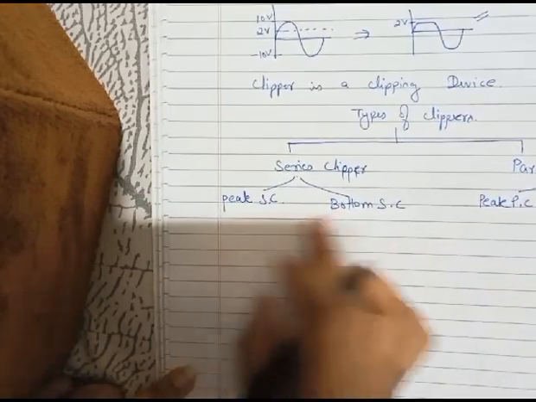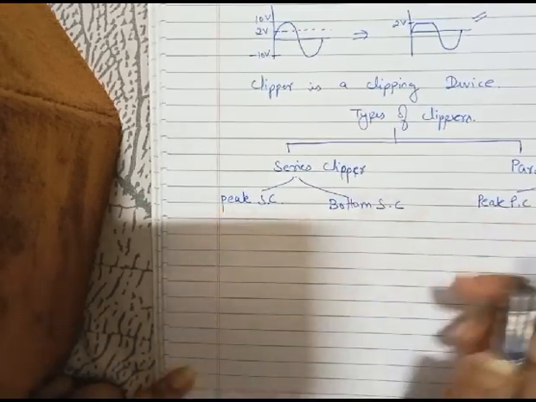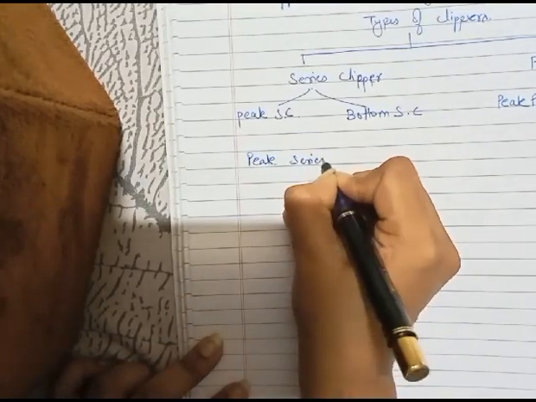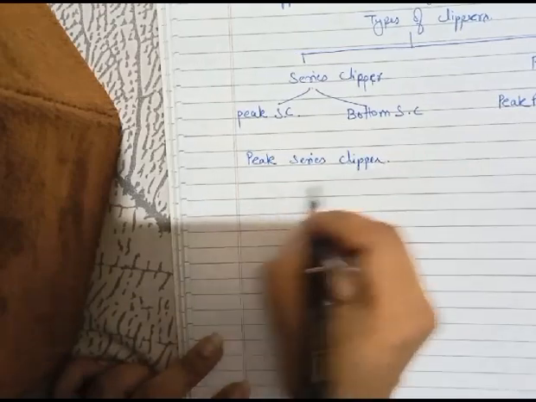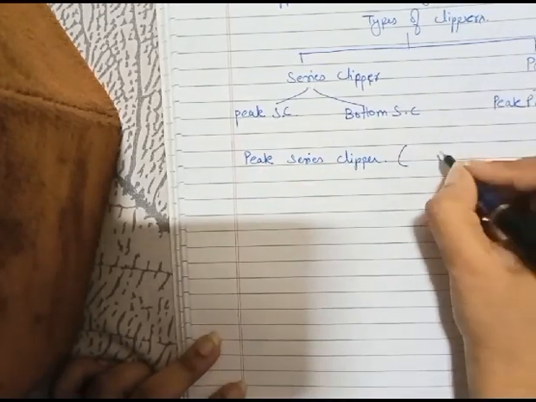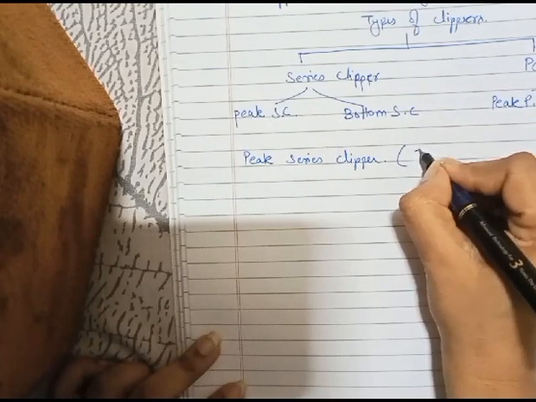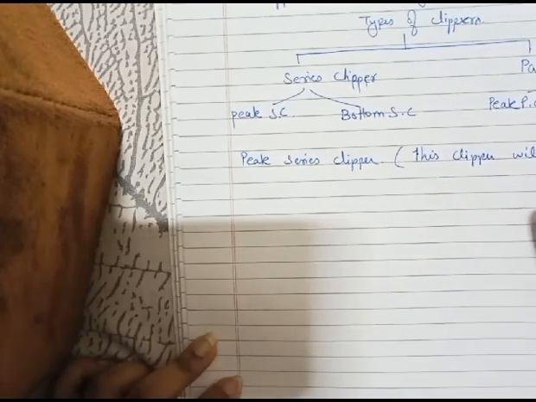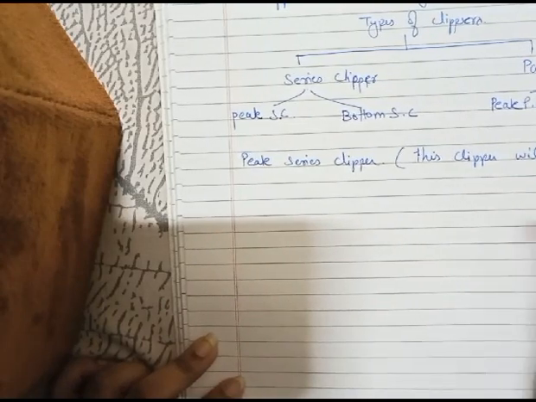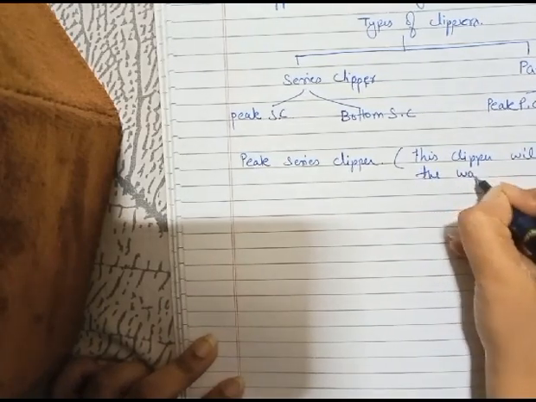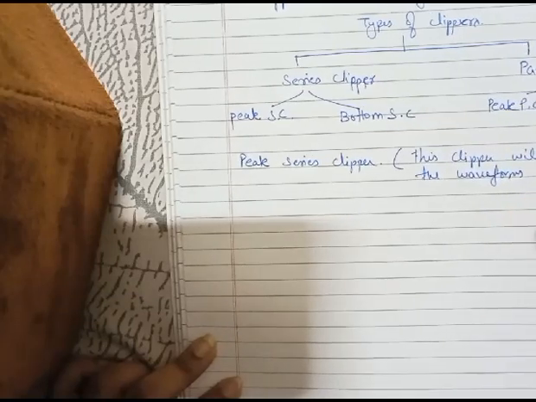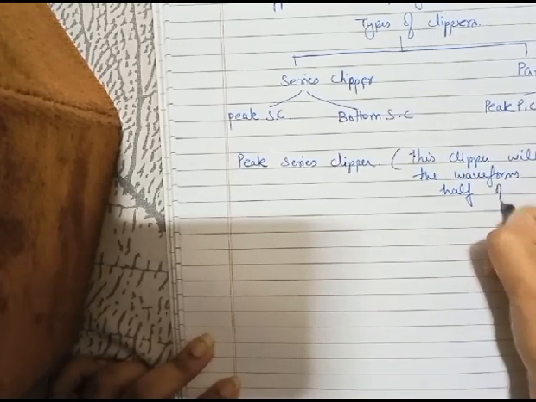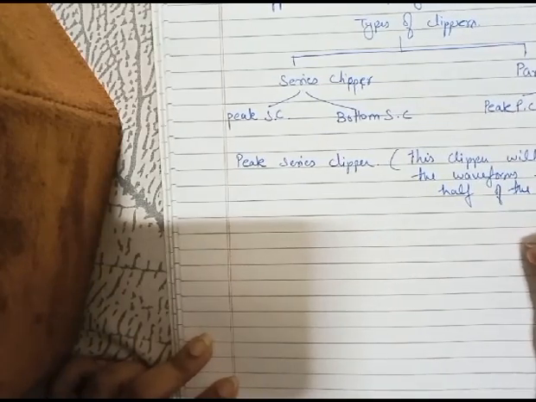Okay, let us understand the difference between the circuit of each type. So let's start with the peak series clipper. What is a peak series clipper? The peak series clipper will clip off the waveform in the positive half of the wave.